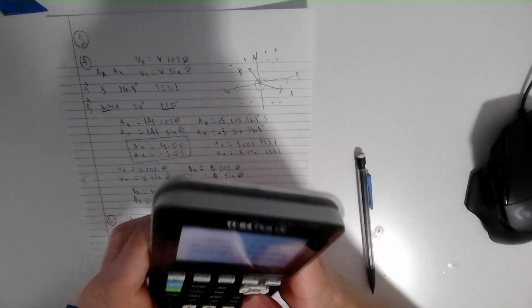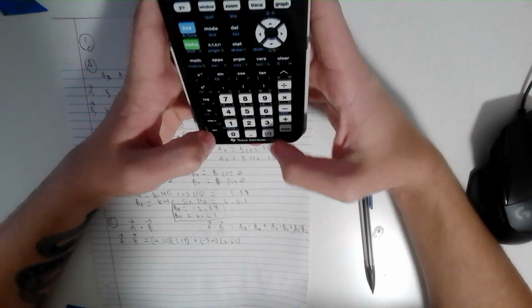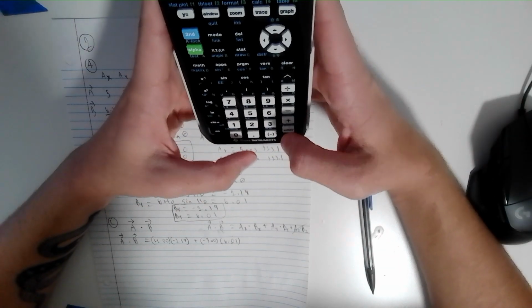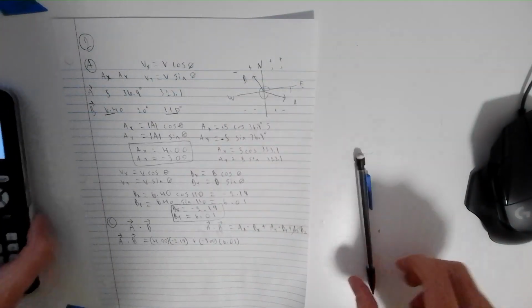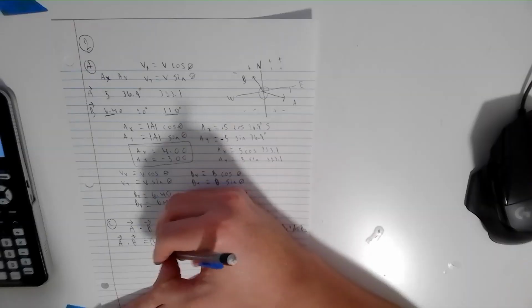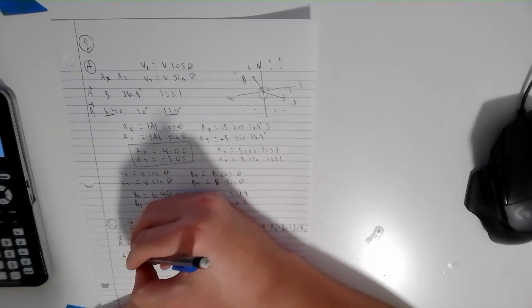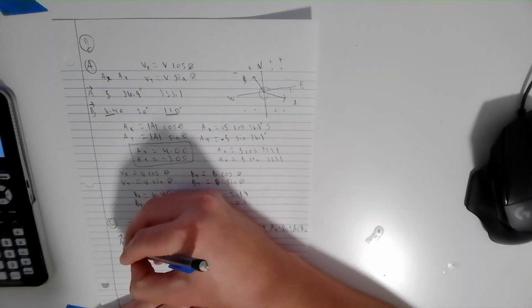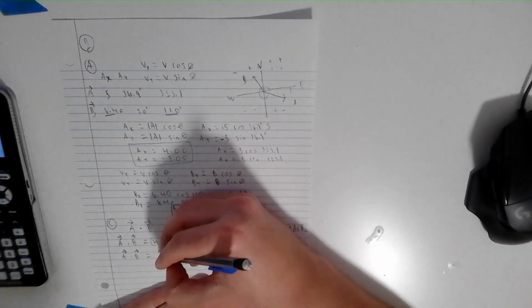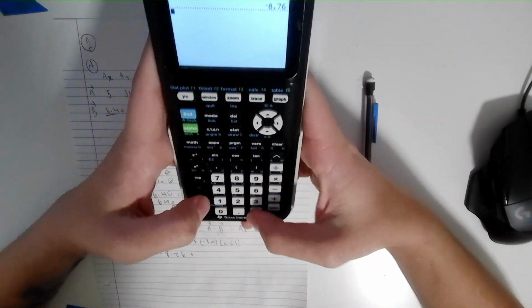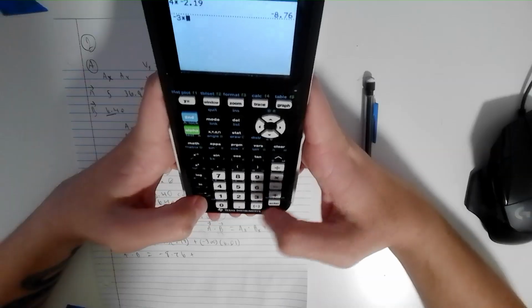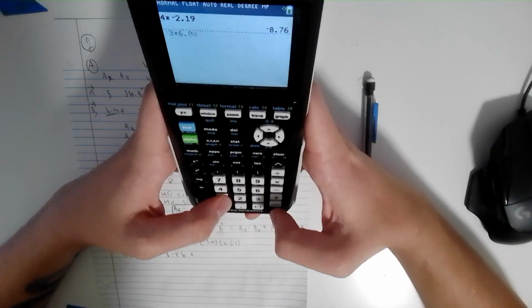So if we solve those parts, 4 times negative 2.19, that's going to give us negative 8.76. So A times B equals negative 8.76 plus, and then negative 3 times 6.01. That's going to give us negative 18.03.